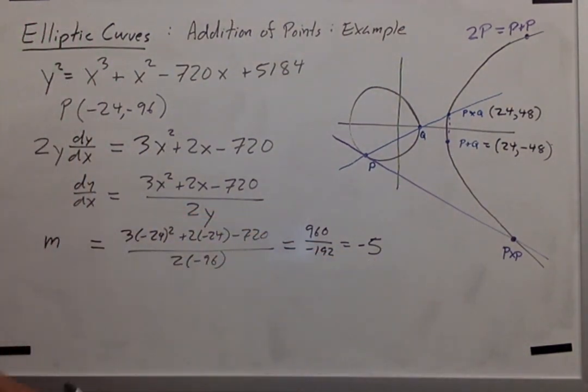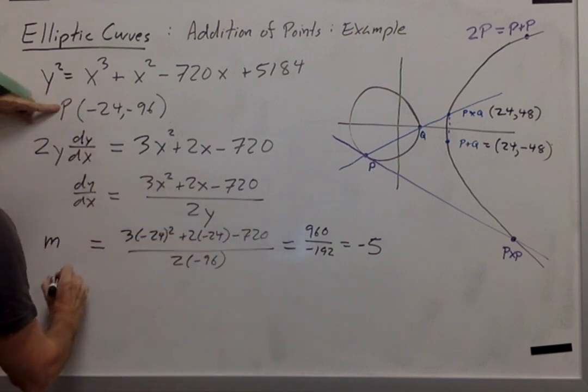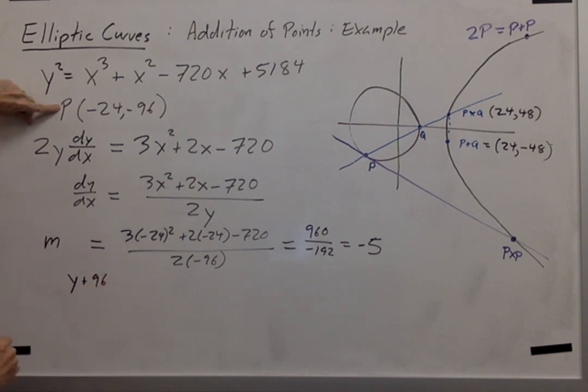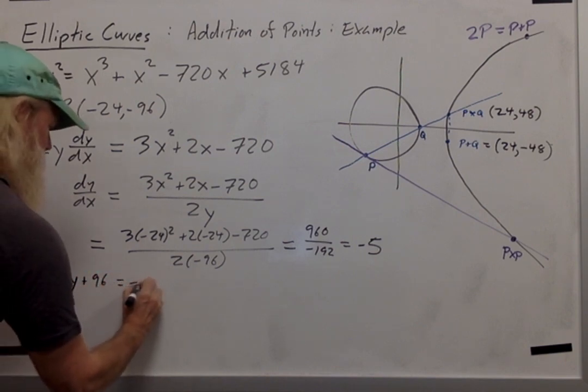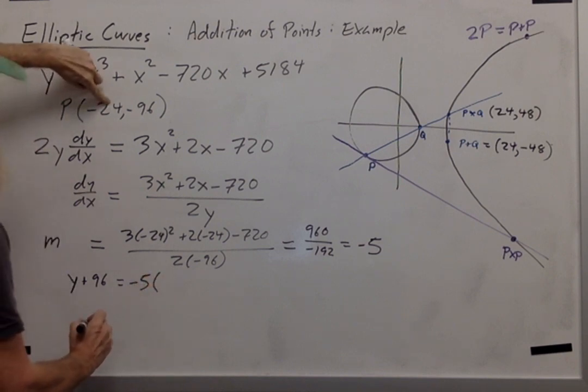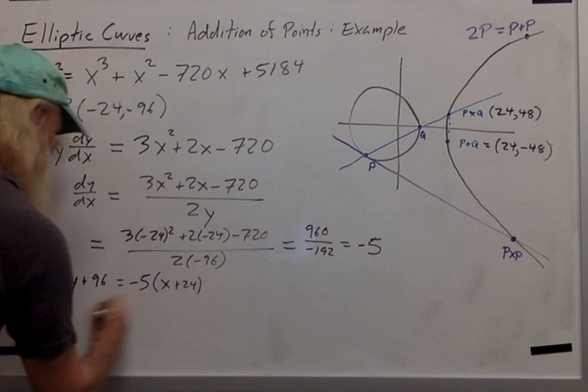Now let's use the point slope formula to figure out an equation for that tangent line. Using this point P and a slope of negative 5, we have y plus 96 equals the slope, negative 5, times x minus a negative 24, so times x plus 24.